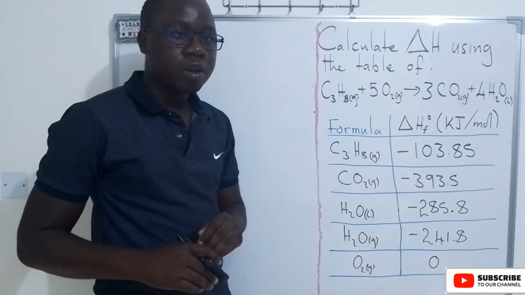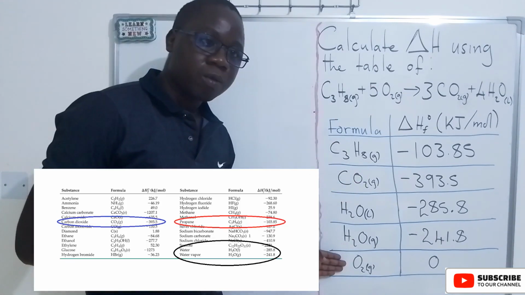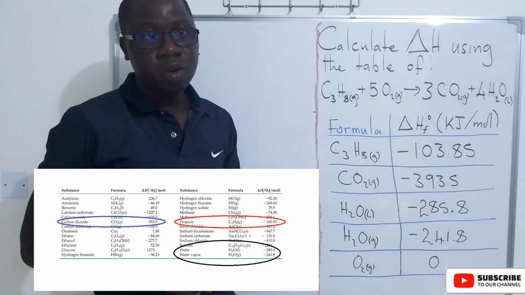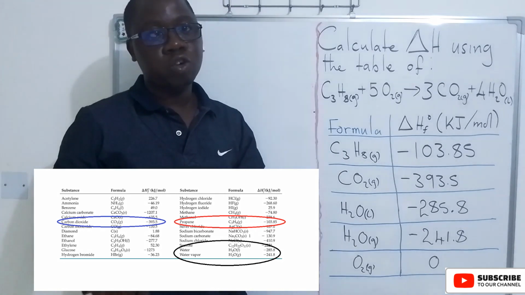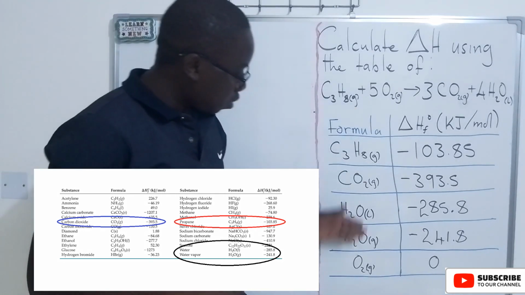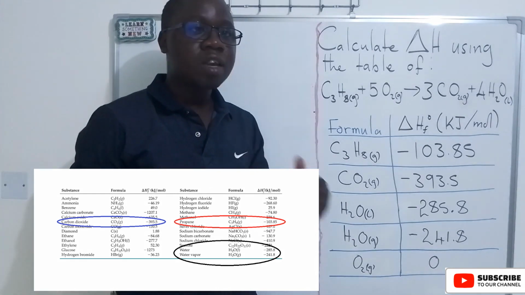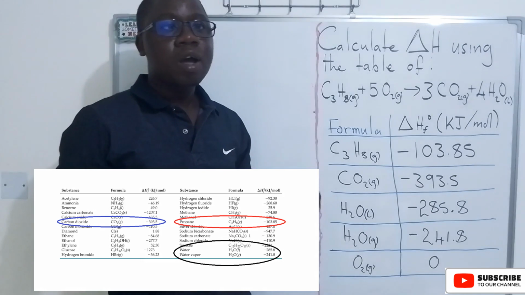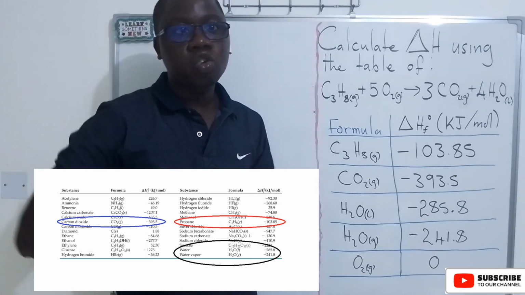In some cases, you might not be given a direct table like this, but you can be given a table like the one shown below here. Either way, what you simply need to do is look at the formula you have been given and get the exact number of the standard enthalpy of formation that you need to work with.